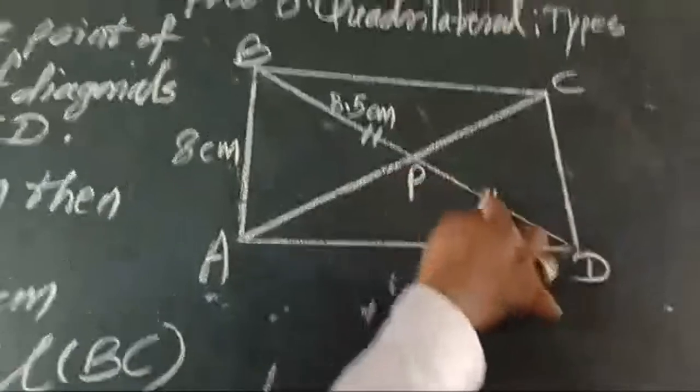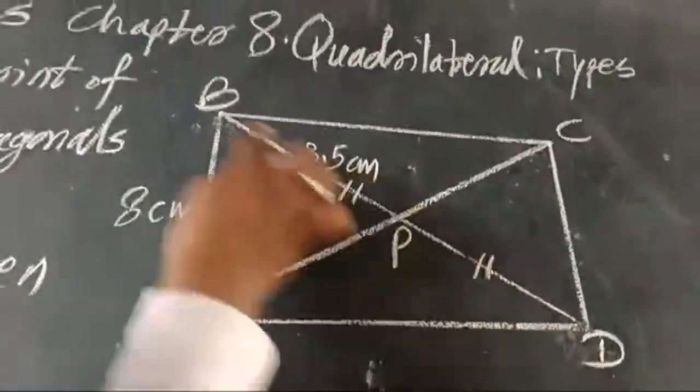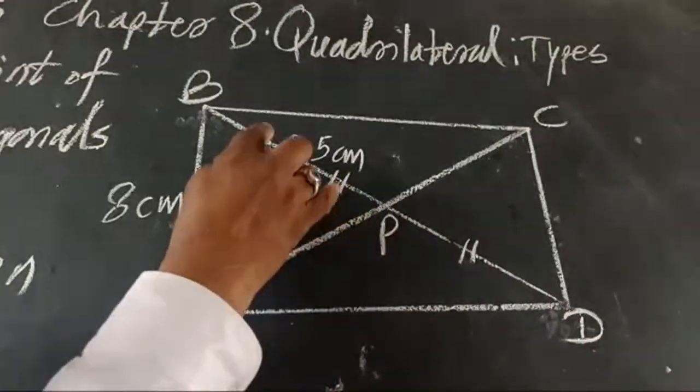Bisect means the two parts are equal, and BD is how many times the small part?